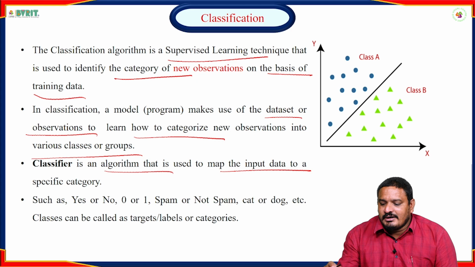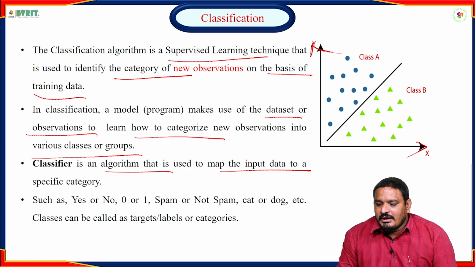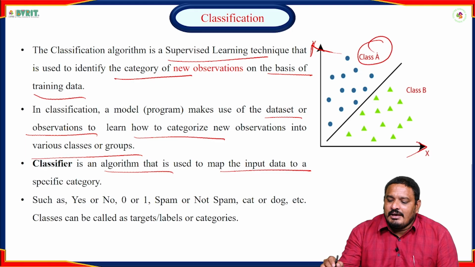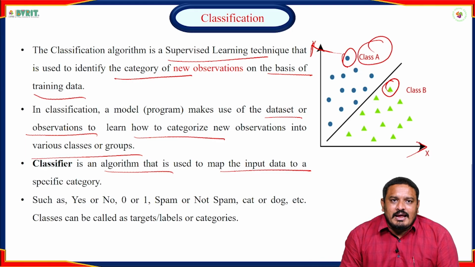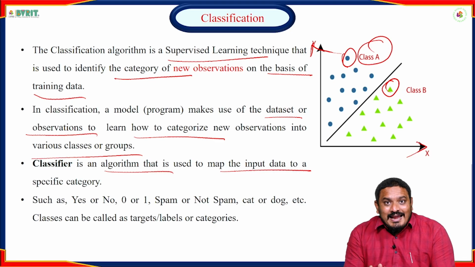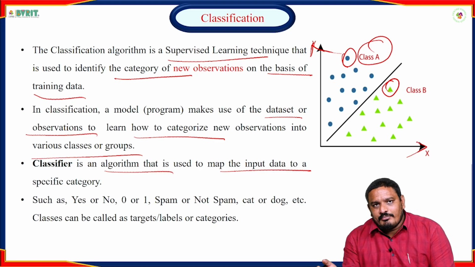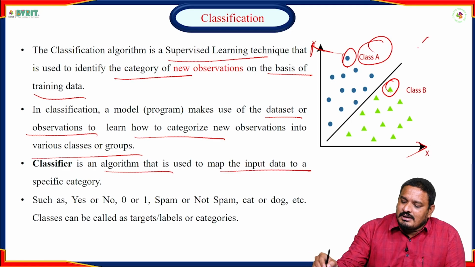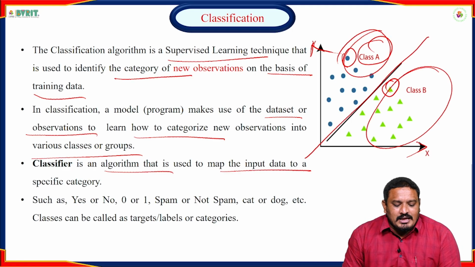Here in this data, the x-axis is there, the y-axis is there. In class A, we have circles. Class B has triangles. We can classify the data based on the features. These are the A class, this is the B class.